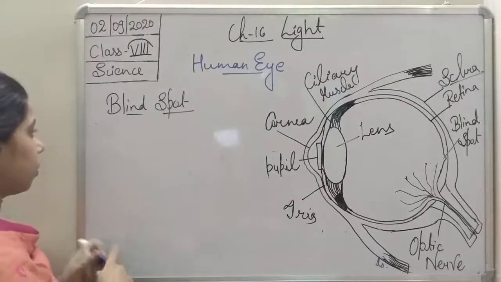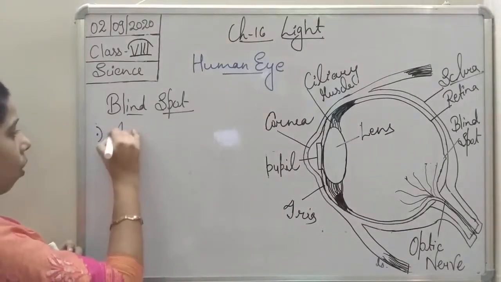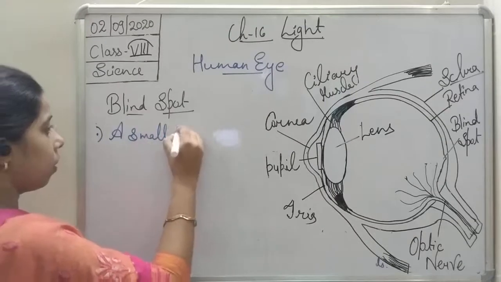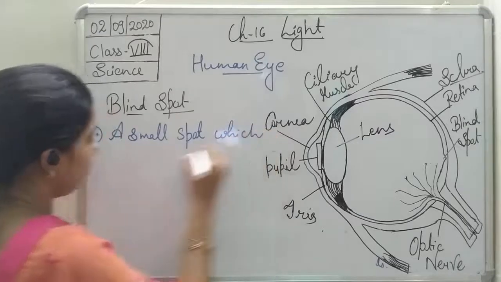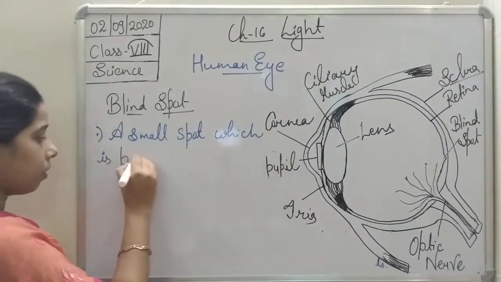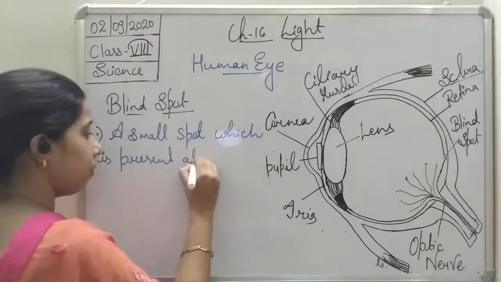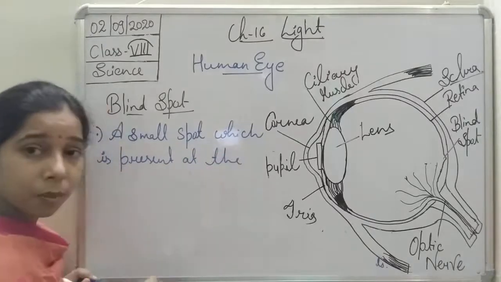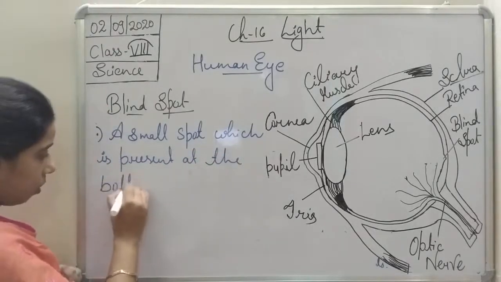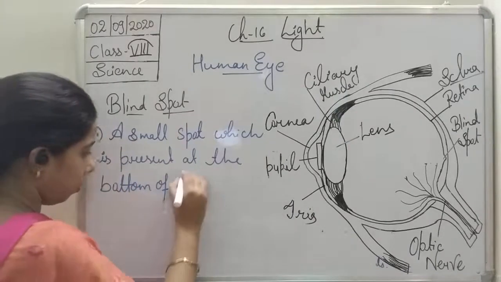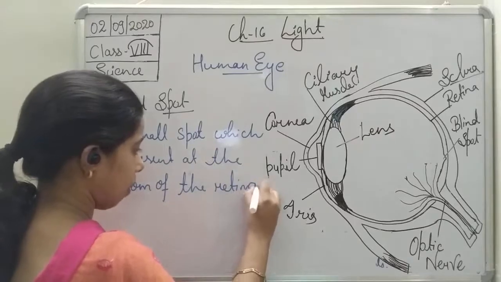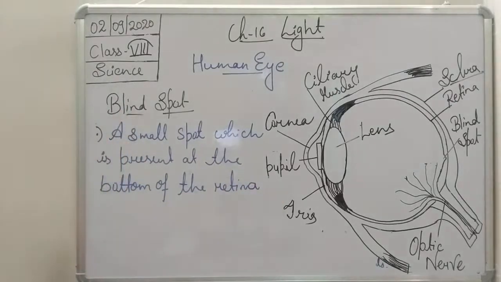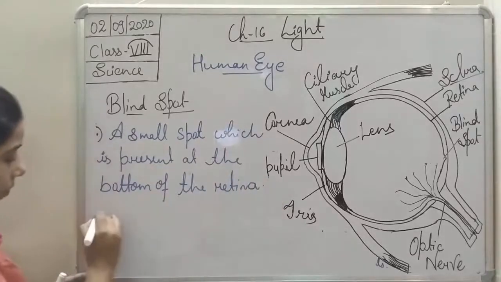This is a small spot which is present at the bottom of the retina, that is known as the blind spot.